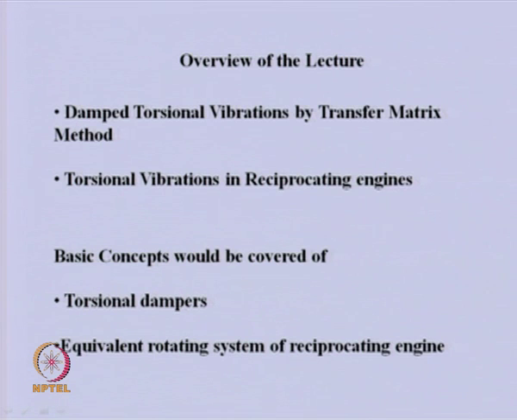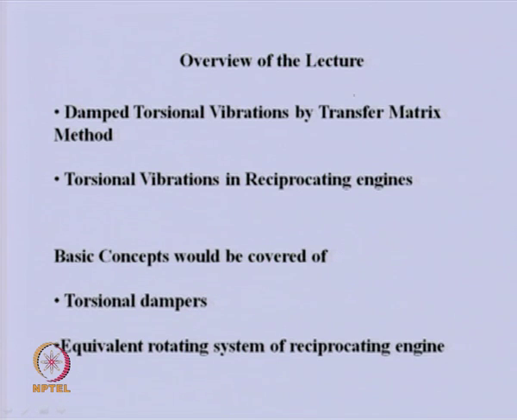So, what would be the change in the point matrix and field matrix if we include damping in the shaft system or in the disc system? Now let us see an overview of what we will be covering. Damped torsional vibration, for which we will develop the transfer matrix.